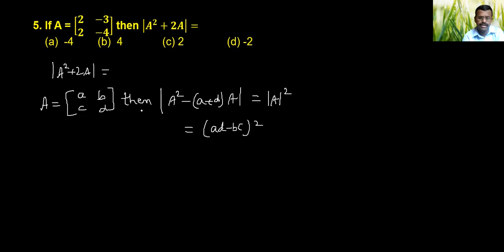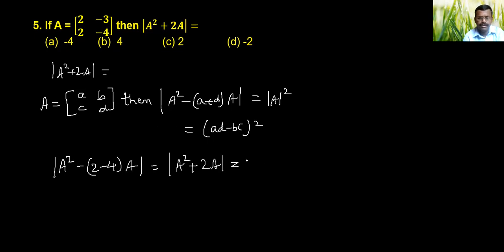Now check whether this shortcut is applicable for this problem or not. So A square first you have to write, correct? Minus (A plus D). Here A is 2 and D is minus 4, into A, which is equal to A square minus 2 minus 4 is minus 2. Minus into minus is plus 2. So same question, correct?